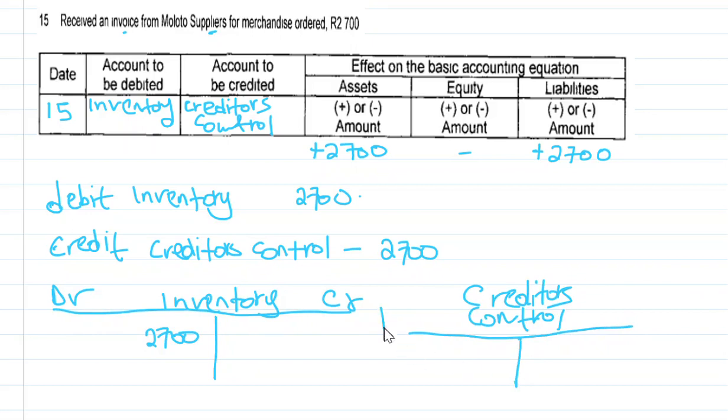We're gonna have debit and credit, plus, minus, plus, and minus. Then on this side, you're gonna have 2,700 inventory and creditors control. Okay, you are done with this transaction. Let us go to another transaction.